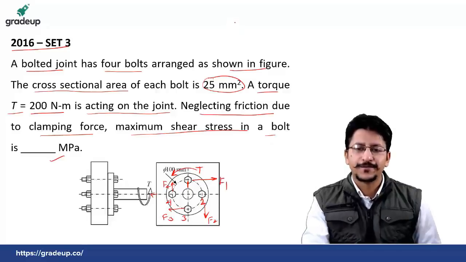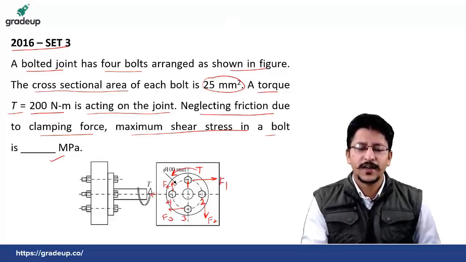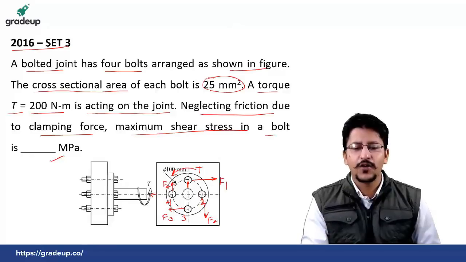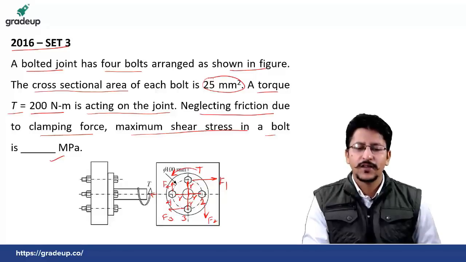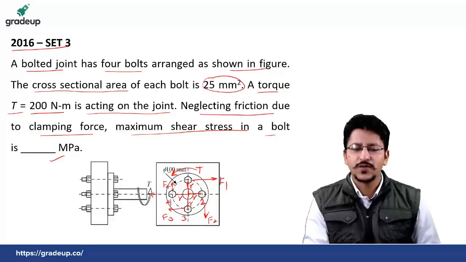So the externally applied moment and the internally induced moment due to these forces will be the same, and all the distances are R, equal to the radius. The diameter has been given as 100, so the radius will be 50.